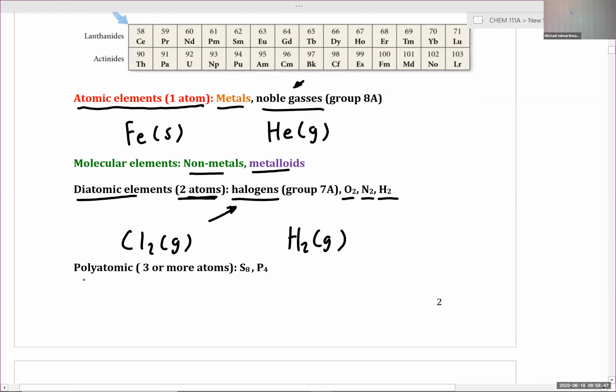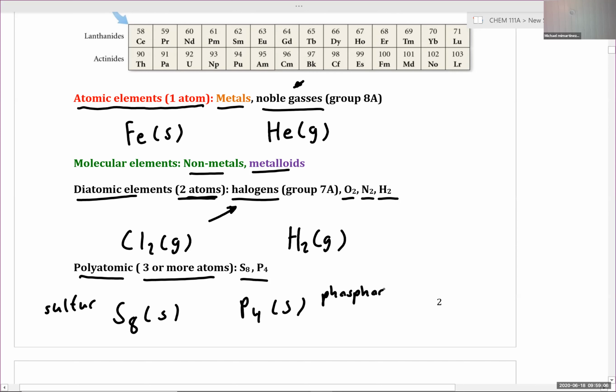Now our polyatomic elements are comprised of three or more atoms, and these are primarily sulfur and phosphorus, where sulfur is S8 and phosphorus is P4. This is review from chapter 1 of the notes. Any questions on writing the formulas of elements from their name?